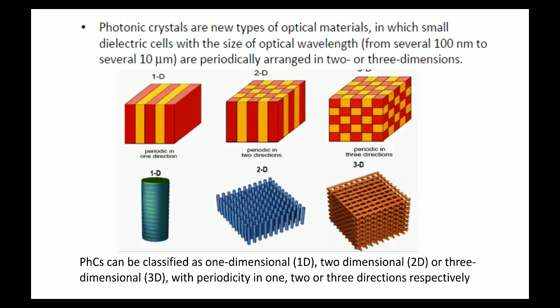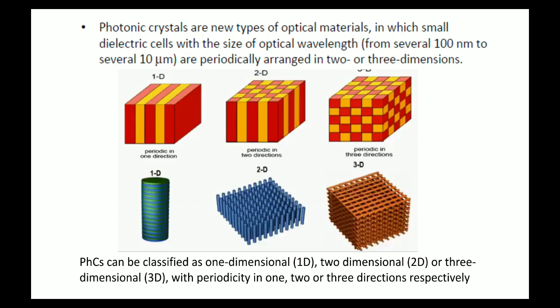For simplicity, if you consider that the red colored blocks are made of glass and the yellow colored blocks are made of air, and imagine the yellow color replaced by air, then what you see is shown in the below row of images. In 1D you have stacks of material separated by air.